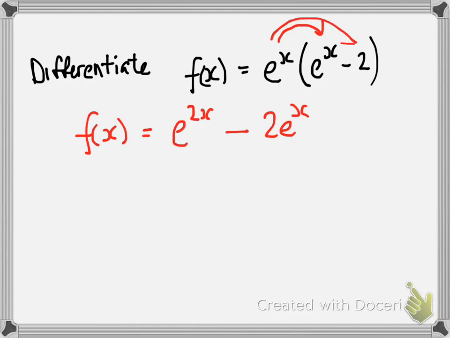Now to get f dash x, to get the derivative, we take the two things separately. Let's start with getting the derivative of e to the power of 2x. Remember, the derivative of the index goes out the front, index stays the same. Jaden Brown, what's the derivative of the first bit? 2e to the 2x? Good.